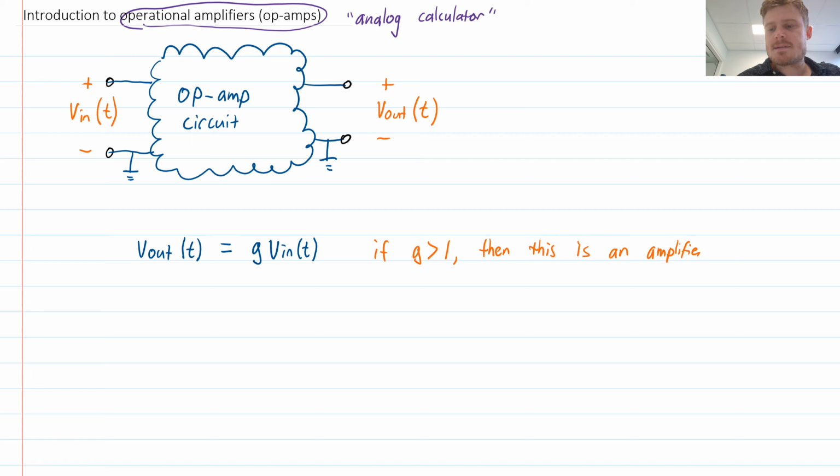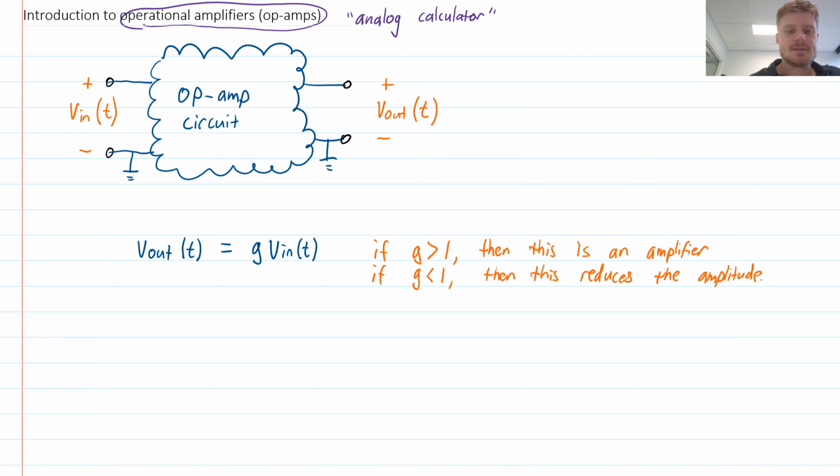It makes the voltages larger. If G is less than 1, then this reduces the amplitude. So you can also scale it down.